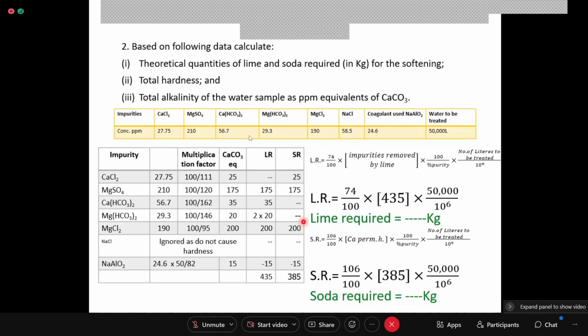Yes, ma'am. Okay, so that is why this is minus here and minus here, because this is forming hydroxide which is not having calcium associated with it, and that is why the equivalence of sodium aluminate is deducted from lime required as well as soda required.